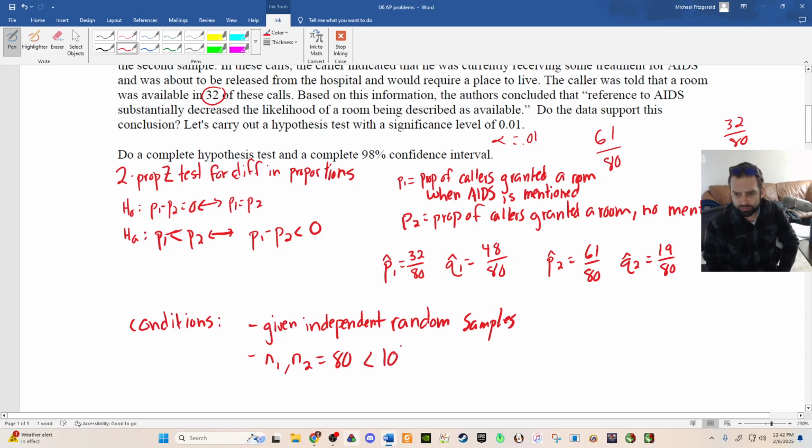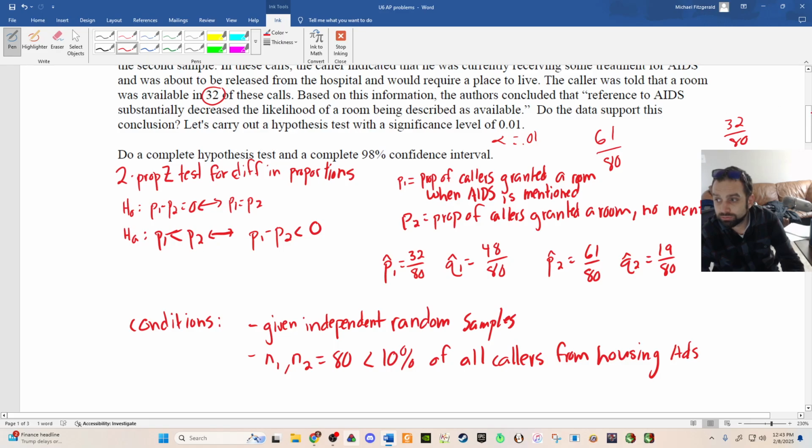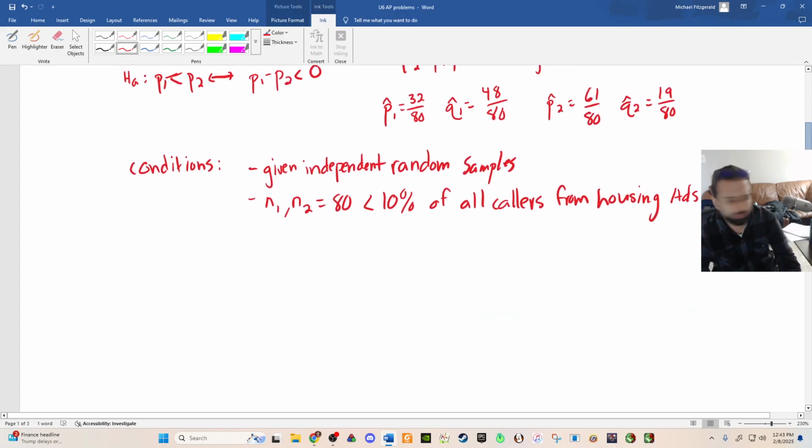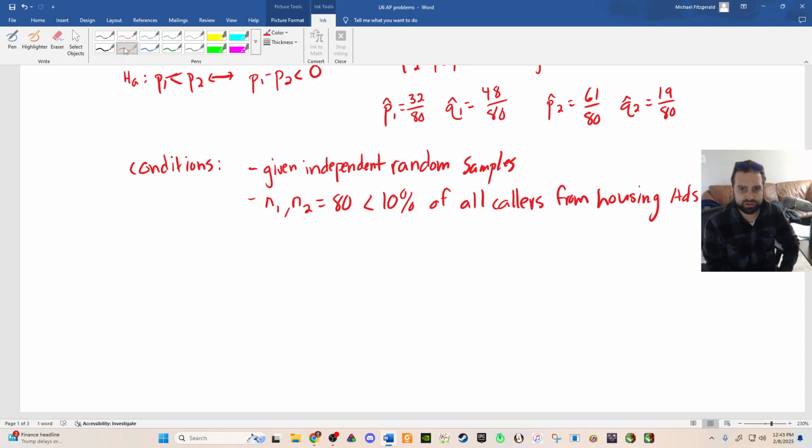Each must be less than 10% of all, well, the population of all responders to these housing ads, callers from housing. The last thing we need to do is check to see if we can use that bell curve.